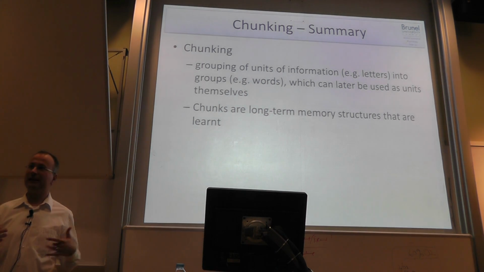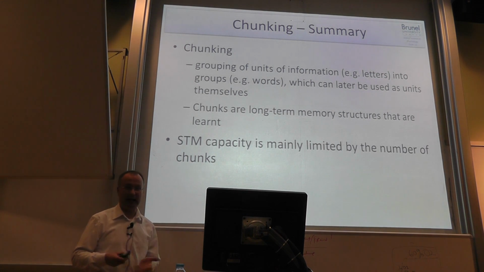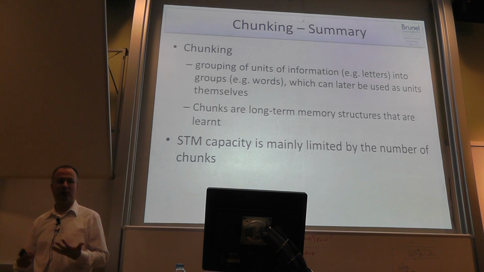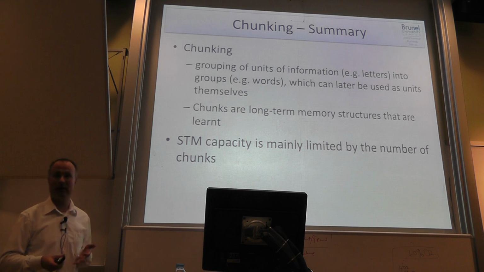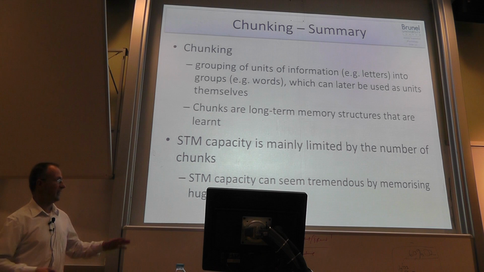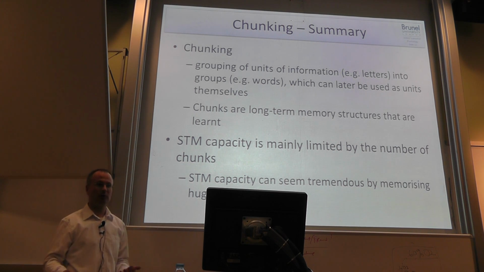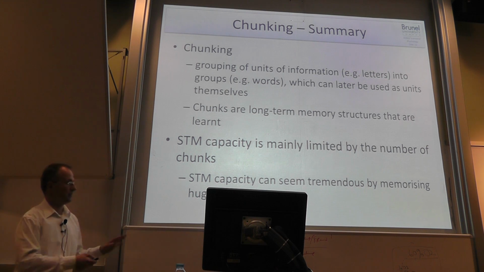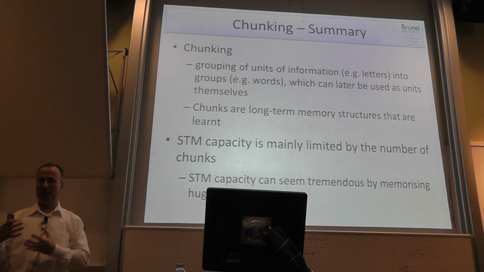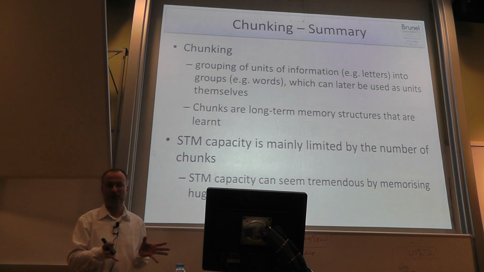So we can store an indefinite number of chunks if we wanted to. And our short-term memory capacity is mainly limited by the number of chunks we can memorize. So we can potentially appear to have a huge short-term memory capacity just when we are lucky to be able to use a lot of chunks in the given task or something like that.